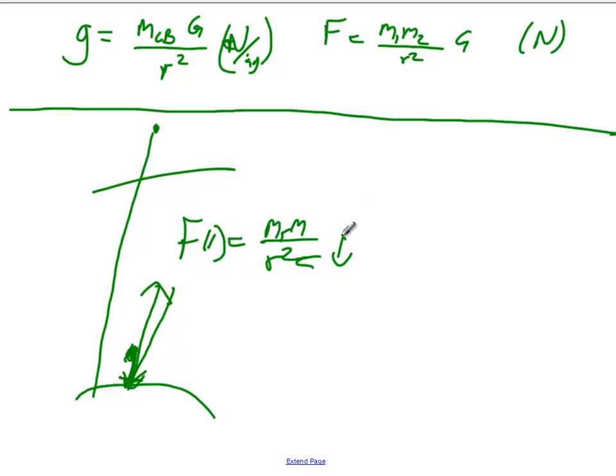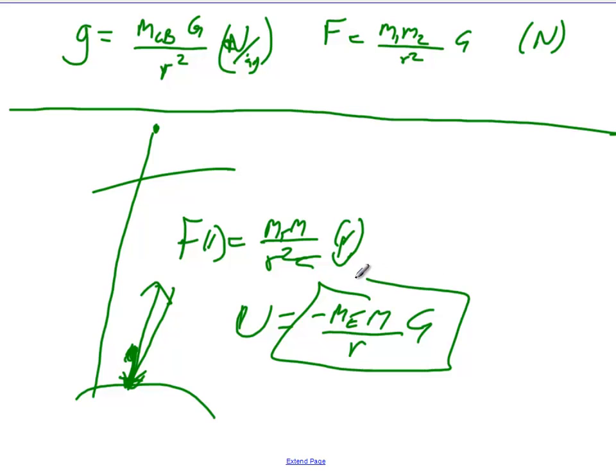So if I multiply this by r and I multiply this by r, then what I get is the gravitational potential energy, U, is given by negative G times the mass of the Earth times the mass of the object over r. So this actually kind of makes sense. It's a negative energy because the force that's pulling it down is against the distance that it had to move to get up there.